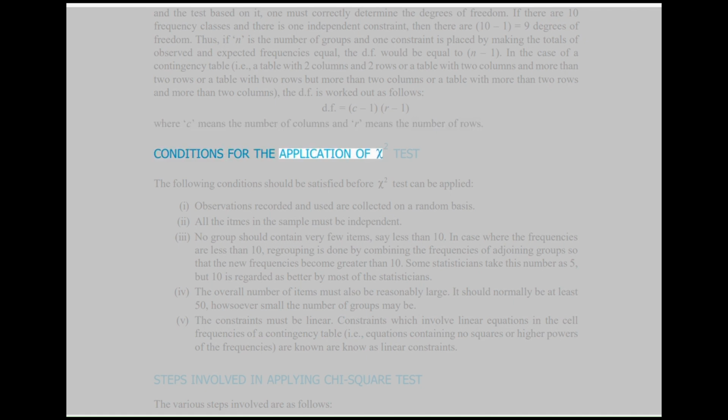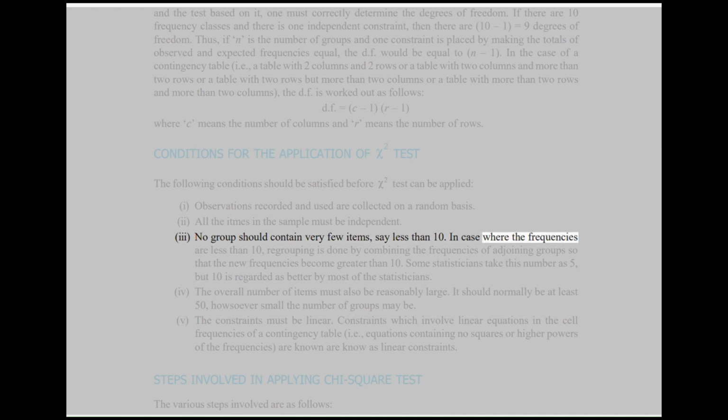Conditions for the application of χ² test. The following conditions should be satisfied before χ² test can be applied. 1. Observations recorded and used are collected on a random basis. 2. All the items in the sample must be independent. 3. No group should contain very few items, say less than 10.